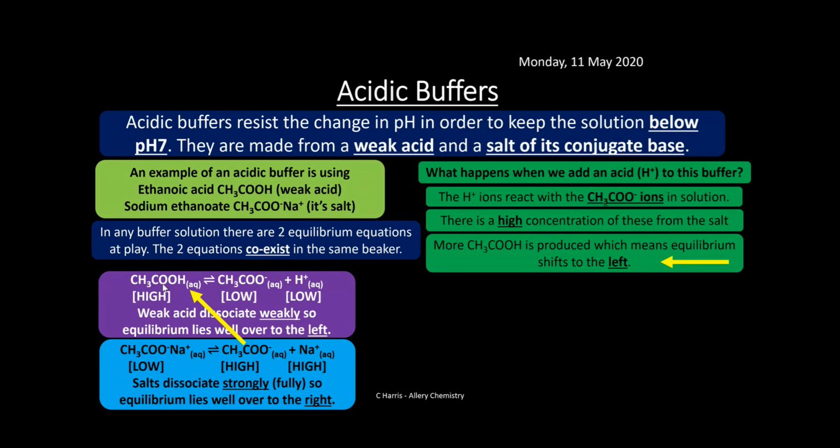So it's a bit like having, let's say, 100 people in a hall. Each one of these 100 people represents an ethanoate ion here. So you've got loads of them in a hall, 100 of them lined up. And then we add some H plus ions, and let's say we add 10. It's just a small amount, remember.